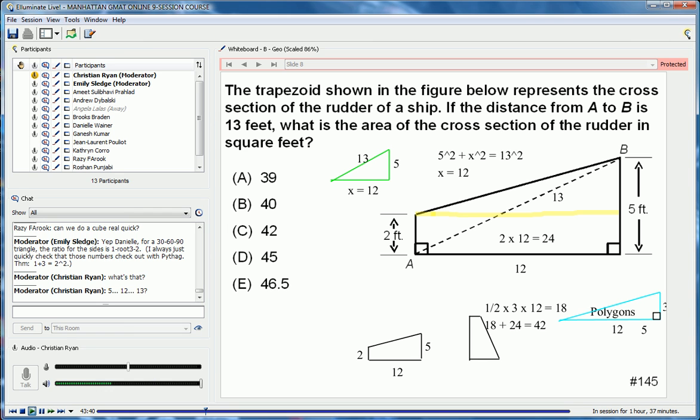Fantastic. So since they told us it was a trapezoid, that says to us that these two lines here are parallel. We could also see that because there are 2 right angles here, and that means that this line and this line are going to be parallel. And I loved what you said.